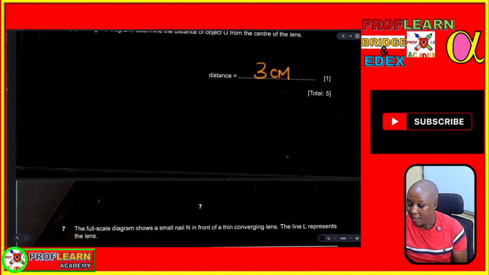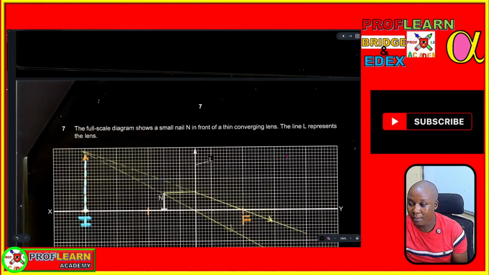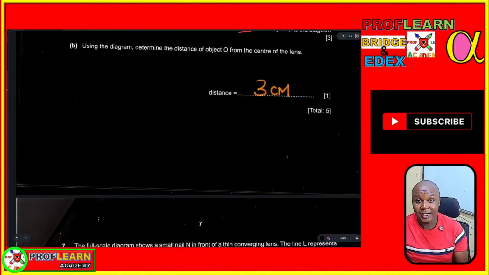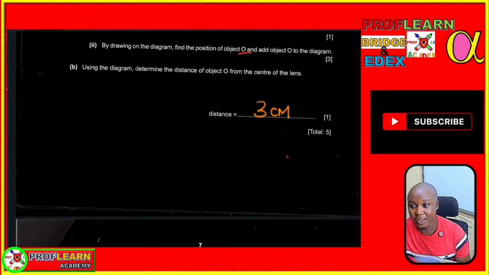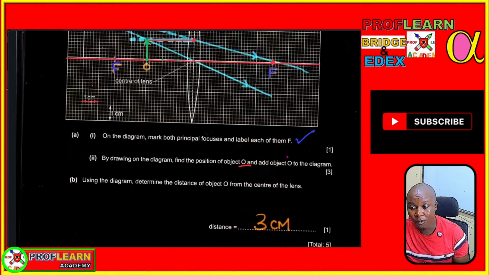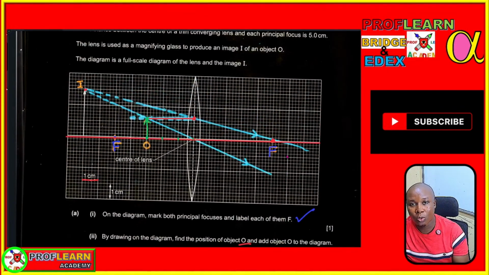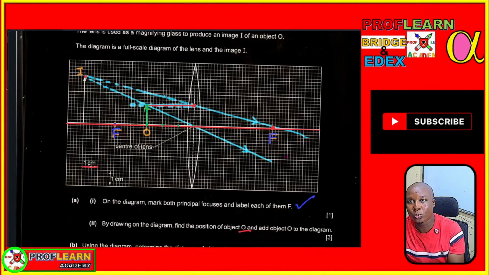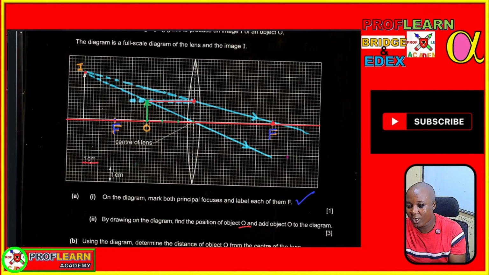So those are the questions you can be asked for lenses: how to construct an image, stating the characteristics of the image formed, and also locating the object when you are given the image, or locating the image when you are given the object.